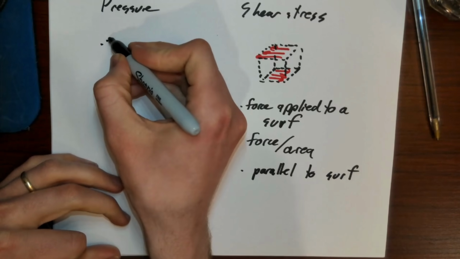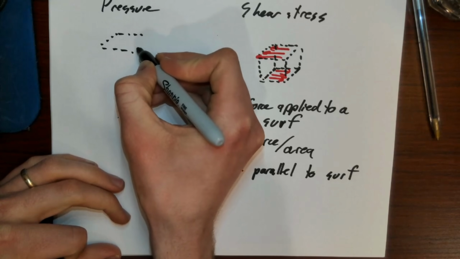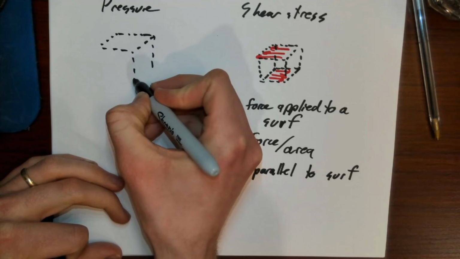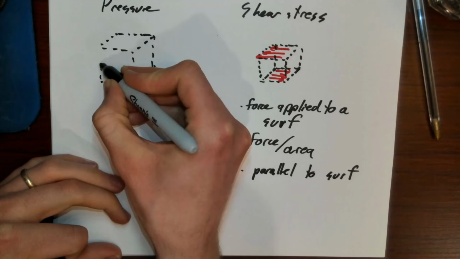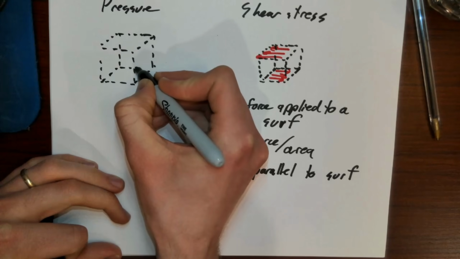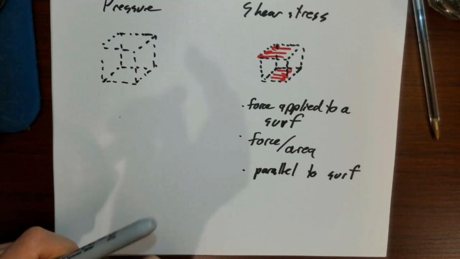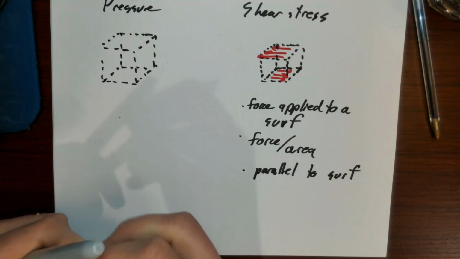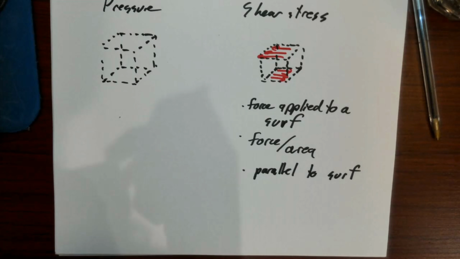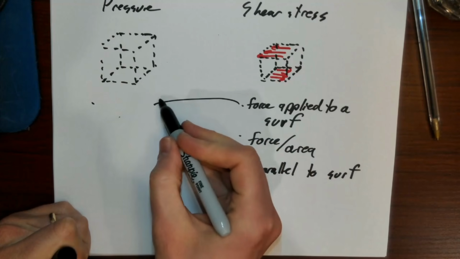Pressure is similar in many ways to shear stress, but has some key differences as well. So it's still useful to think about these things in terms of chunks of fluid. Pressure is still force applied to a surface, right?